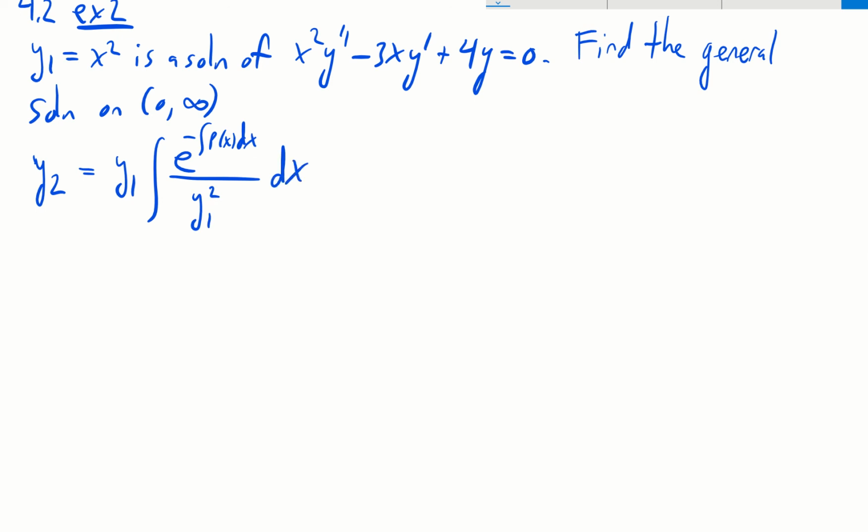But now be a little bit careful here. We're not ready to solve for p of x or to describe p of x because this is not in standard form. We should begin by clearing off that coefficient function from the second derivative, divide everything by x squared, so that we have y double prime minus 3 over x y prime plus 4 over x squared y equals 0.